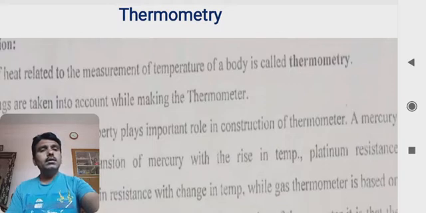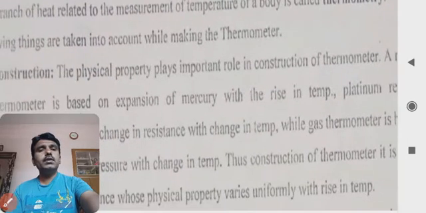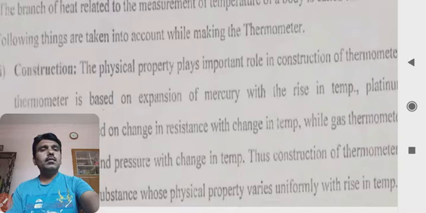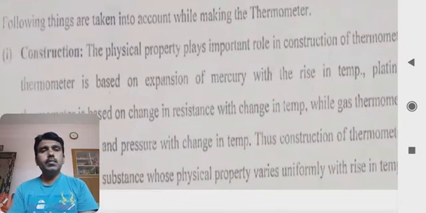And as far as thermometry is concerned, in making a thermometer a few things are very important.